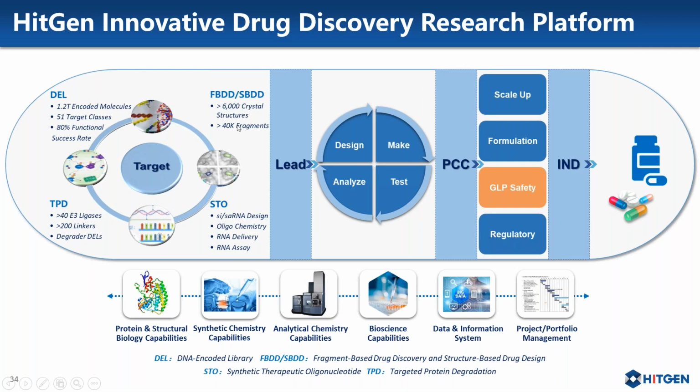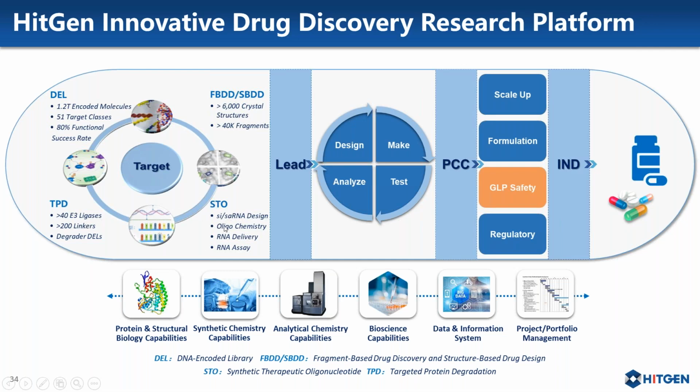The second one is fragment-based drug design and structure-based drug design. This is the key business for our subsidiary Vernalis in UK. The third one is targeted protein degradation, as I just mentioned. DEL is very suitable for targeted protein degradation projects, either for discovery of POI binders or E3 binders.